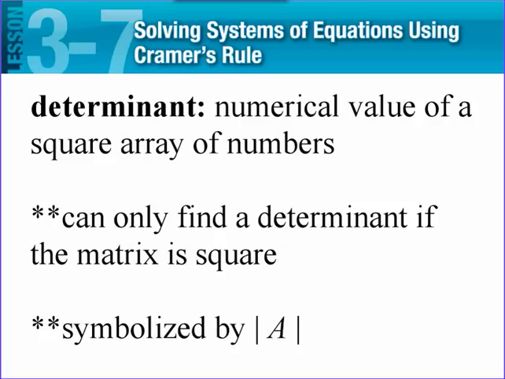If you notice in the asterisks, I say that you can only find a determinant if the matrix is square. If the matrix is not square to start with, you can't find the determinant and you're done. We symbolize the determinant with vertical lines that look like absolute value signs.